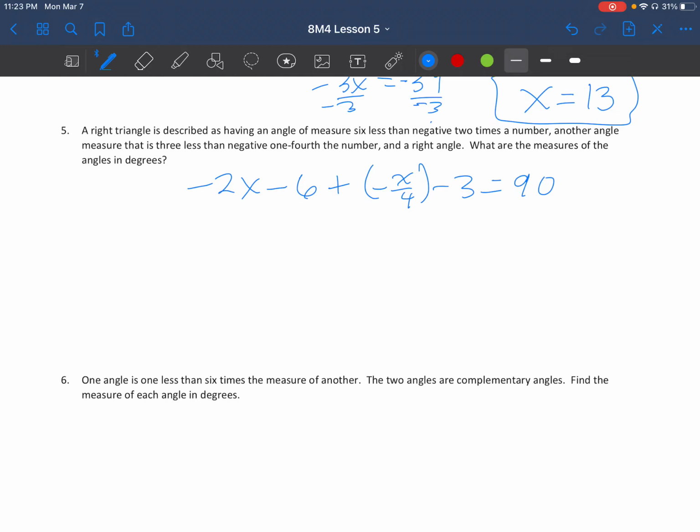All right, so let's solve this equation. So there's some things we can combine. We've got a negative 2x and we've got a plus a negative x over 4, so that's negative 8x over 4 plus a negative x over 4 minus 9. We just multiplied.